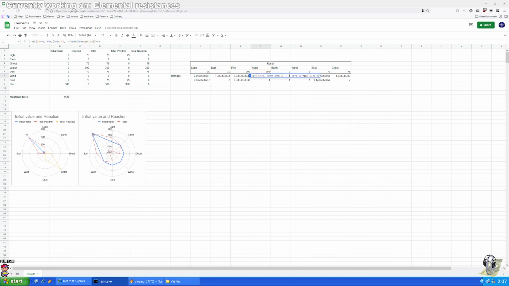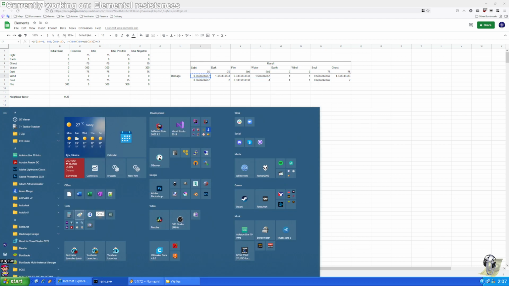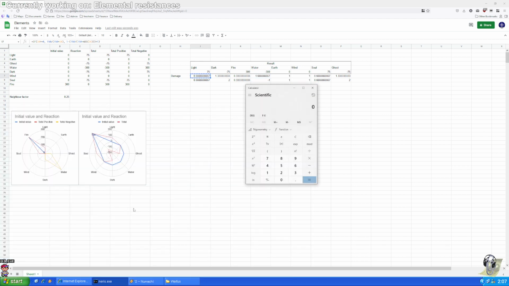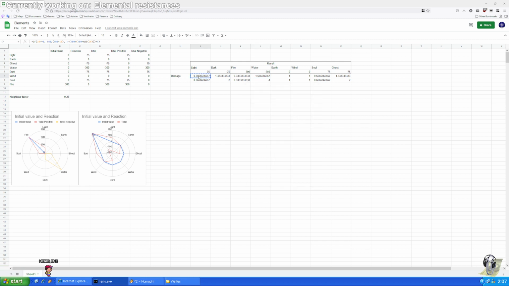So is it 1 divided by this thing? Yeah, it is 1 divided by this thing. So I could just do that.